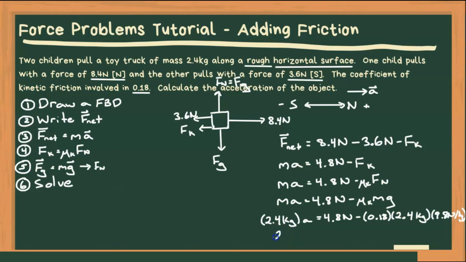All right, so that gives us 2.4 kilograms times acceleration. If we punch everything on the right side of the equation into our calculator, we get 0.566 newtons. And then divide both sides by 2.4 gives us an acceleration of 0.24 meters per second squared. And that's positive, so it's north.